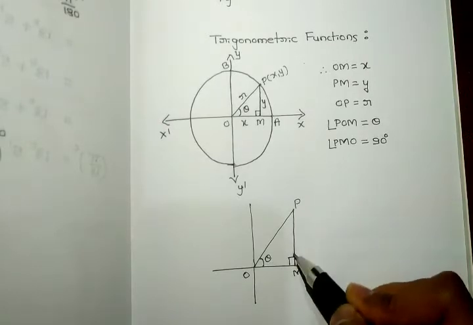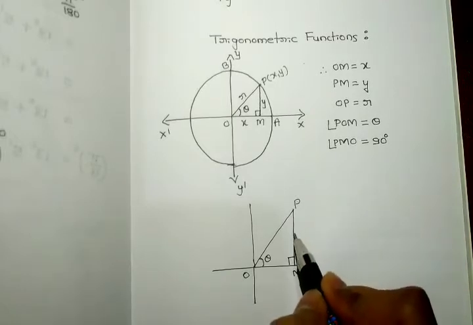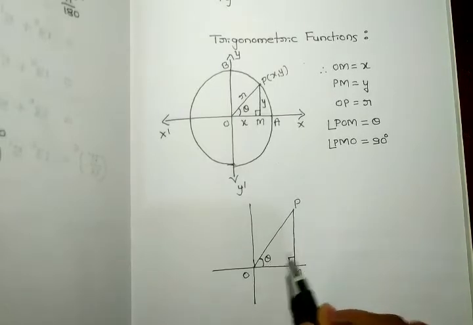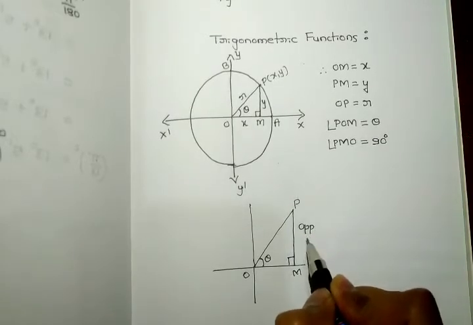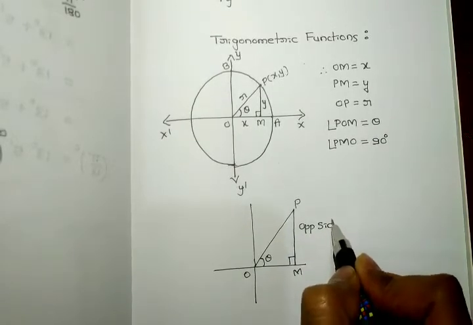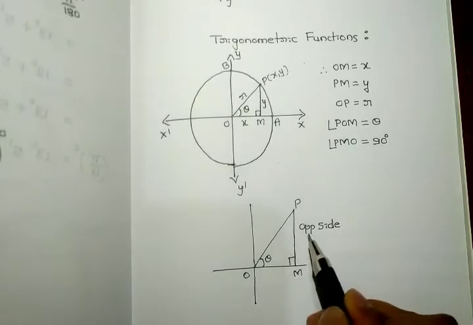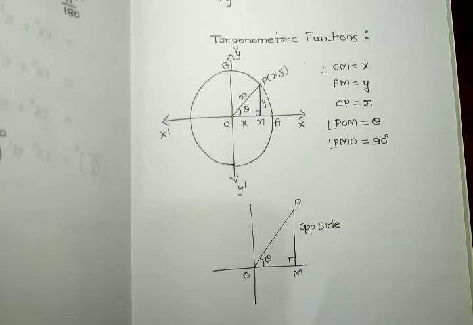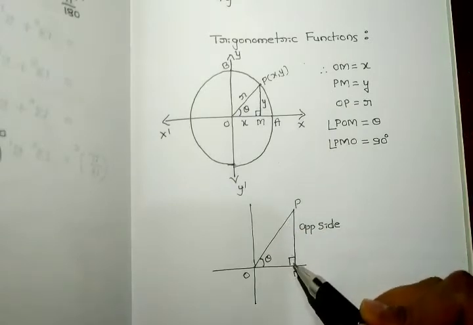The side which is opposite to the angle theta is always called the opposite side.